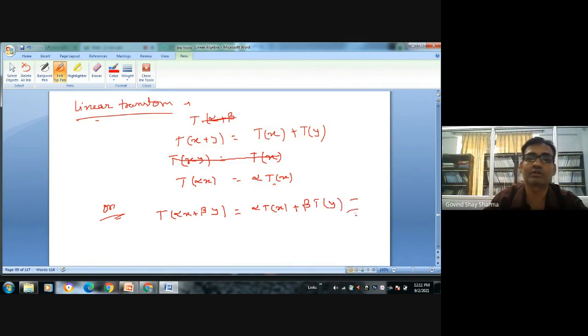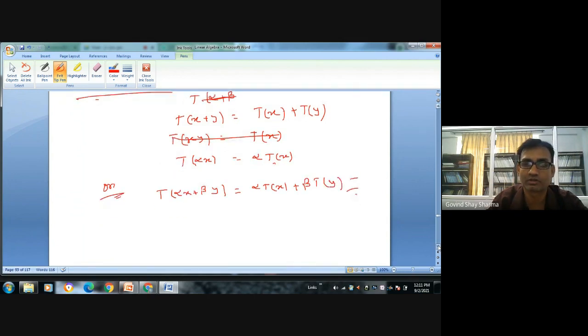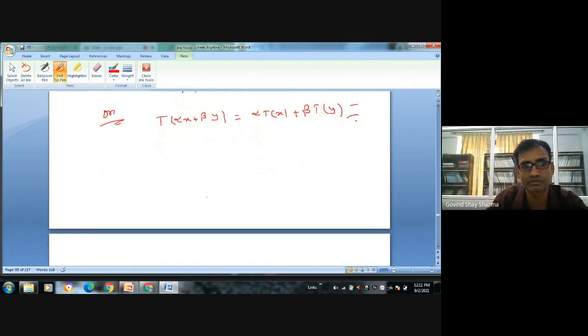This is our linear transformation. Now we do the question.